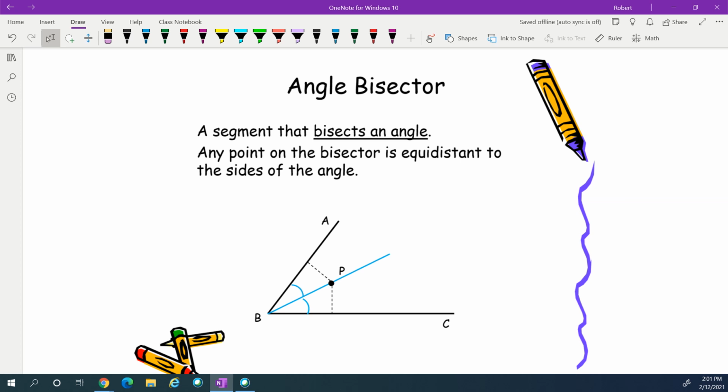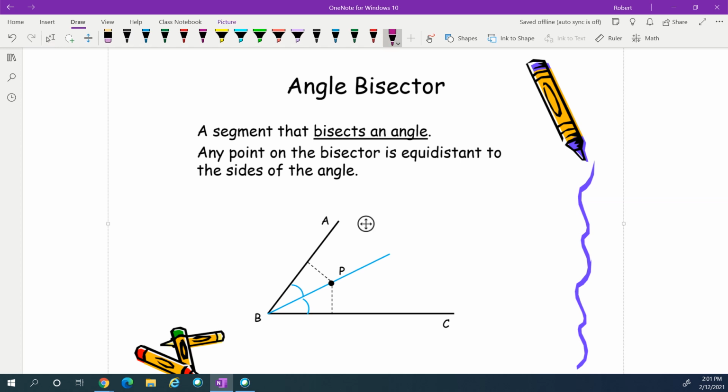So here we have angle ABC. BP is the angle bisector, so it splits the big angle in half into two smaller angles. We also know that from the angle bisector to each side of the angle has to be the same distance. If we're going right down the center, then from us to the sides has to be equal distance.